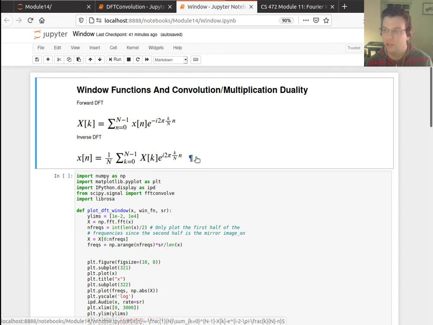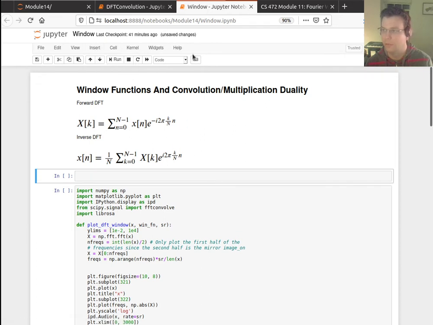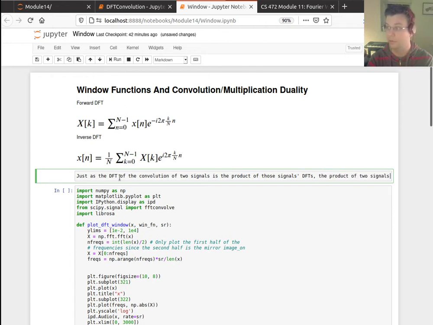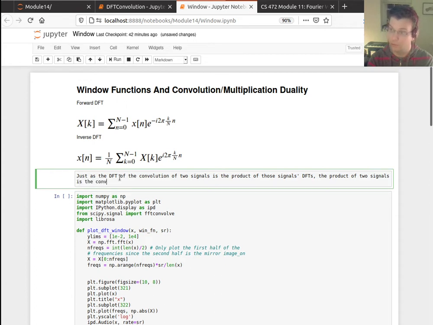So what I can show, let me actually write it. Just as the DFT of the convolution of two signals is the product of those signals' DFTs, the multiplication, or say the product, of two signals is the convolution of the DFTs of the two signals.